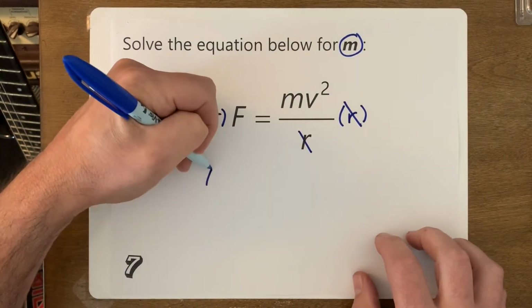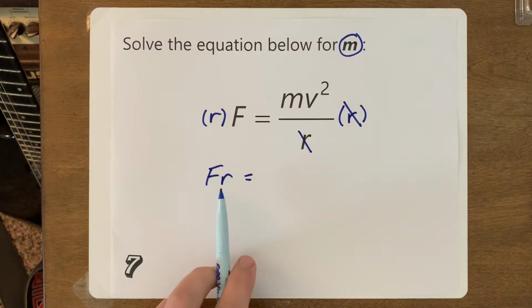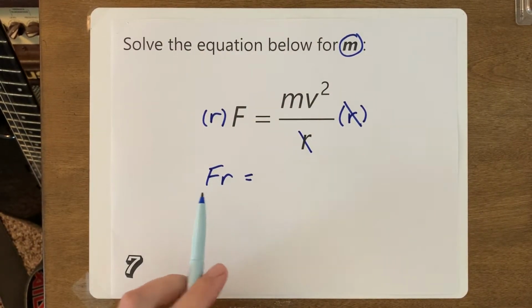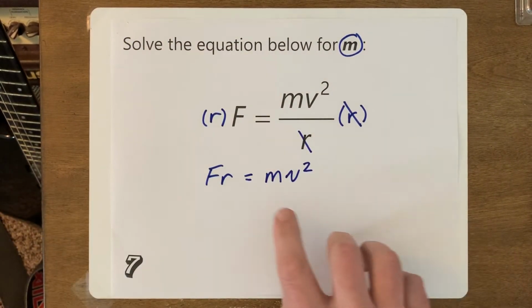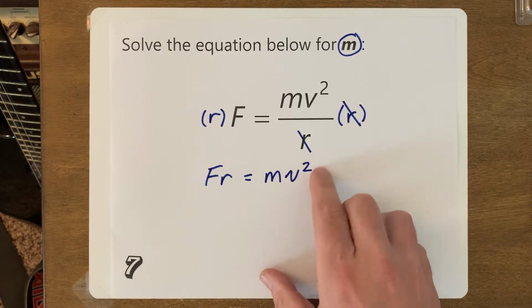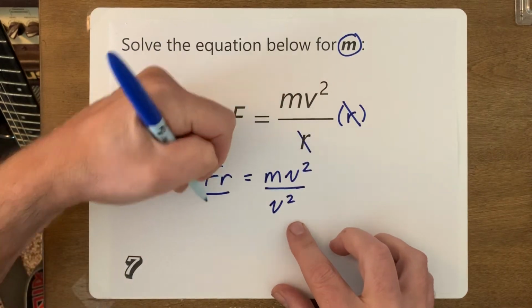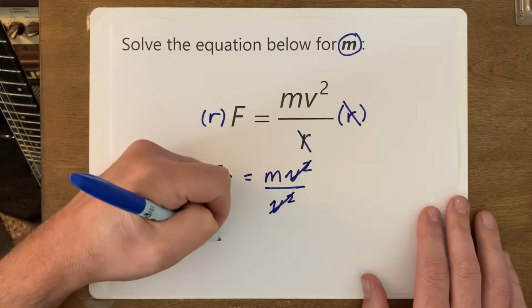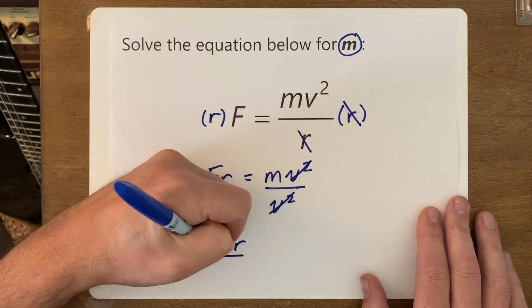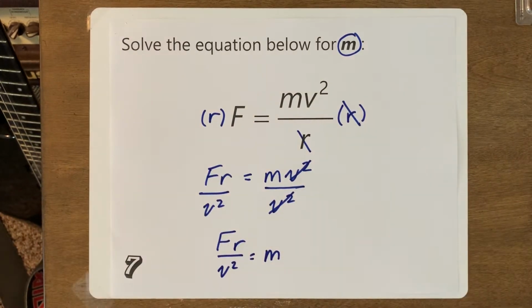So now I have f times r, and from teaching physics so many times I naturally put the r after the f, but it doesn't matter, is equal to m v squared, and now I have to solve for m. Well, there's still multiplication going on here, so now I'm going to divide by the entire v squared like this, cancel both those guys out, and I have f times r over v squared equals m, and now I've solved for m, no problem. M is now by itself.